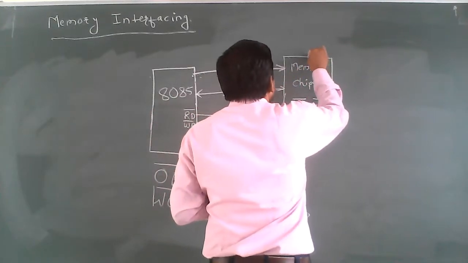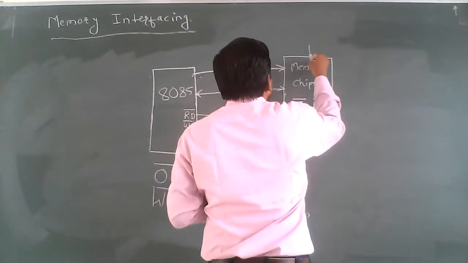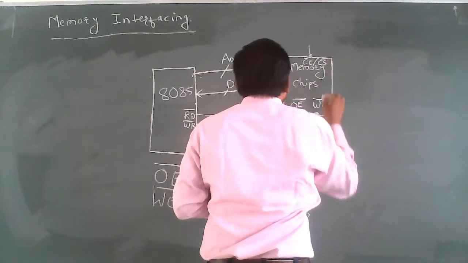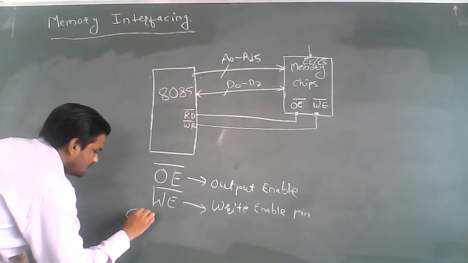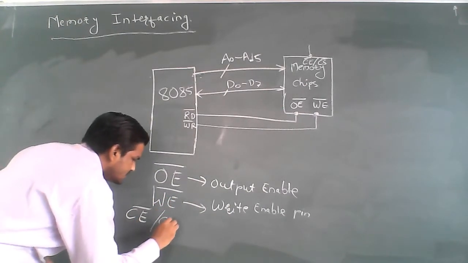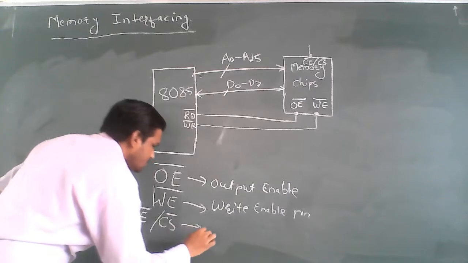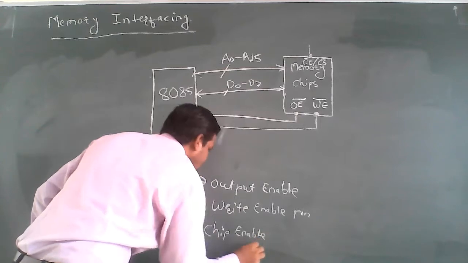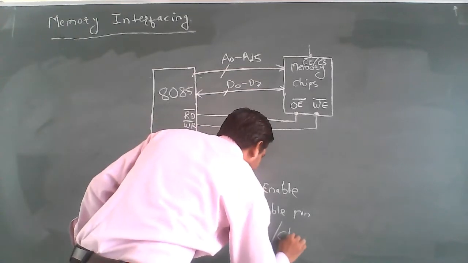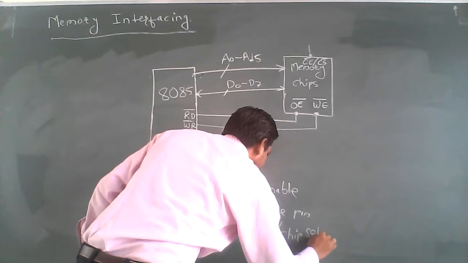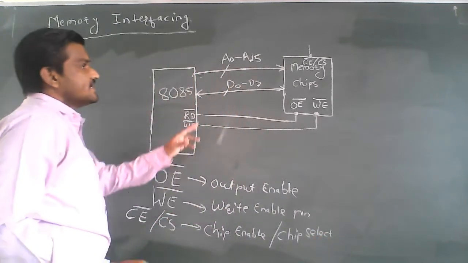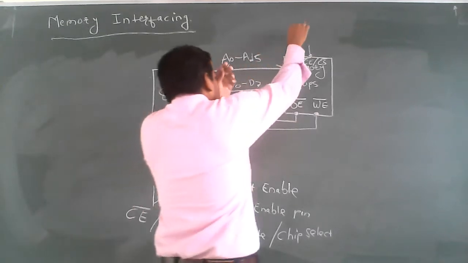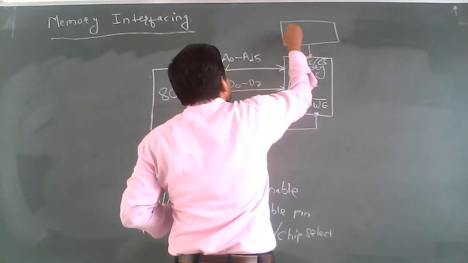This is your chip enable bar or chip select, so CE bar or CS bar, which represents chip enable or chip select. This pin is usually connected to the microprocessor through your decoder circuitry or your interfacing circuitry.